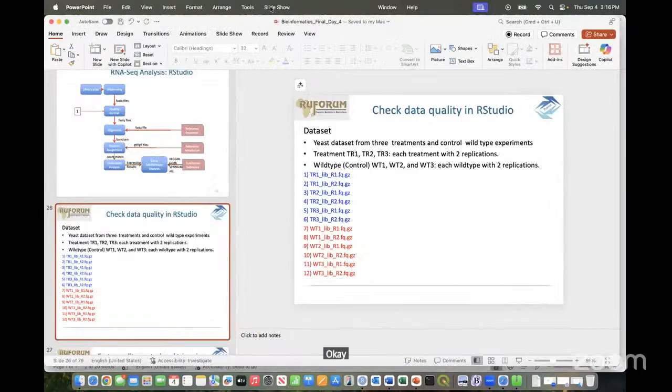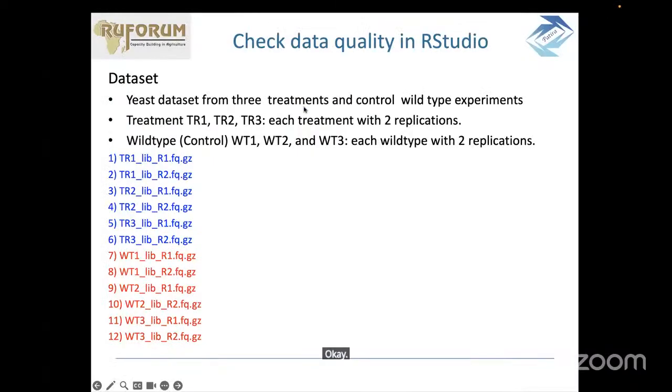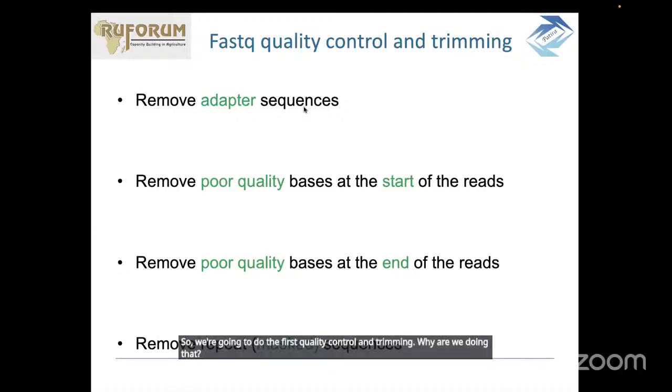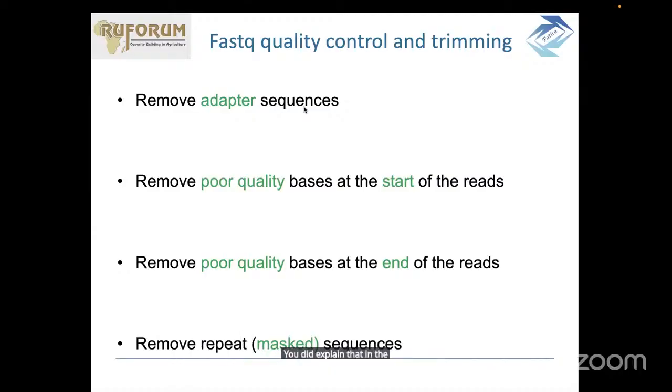Go back to our slide here. We're going to do the first quality control and trimming. Why are we doing that? You already explained that in the video. We're going to remove the adapter sequences. You're going to remove poor quality bases at the start and at the end of the read, because we're going to remove the masking and so forth, okay?